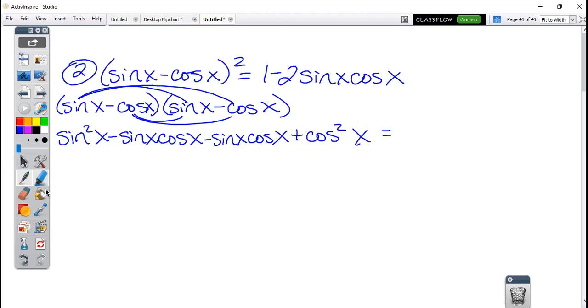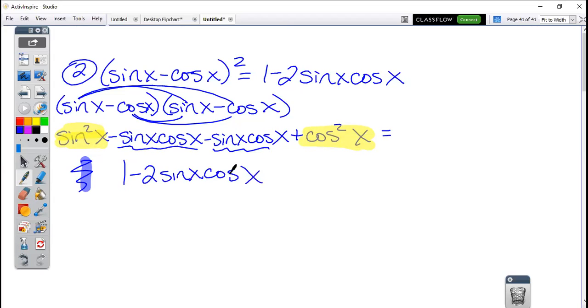This is the one that I told you probably need to memorize for ACT purposes and stuff, but what is sine squared x plus cosine squared x? What does that equal? That is 1. Okay, oops. 1, and then negative sine x cosine x and negative sine x cosine x make negative 2 sine x cosine x, which is what we want.